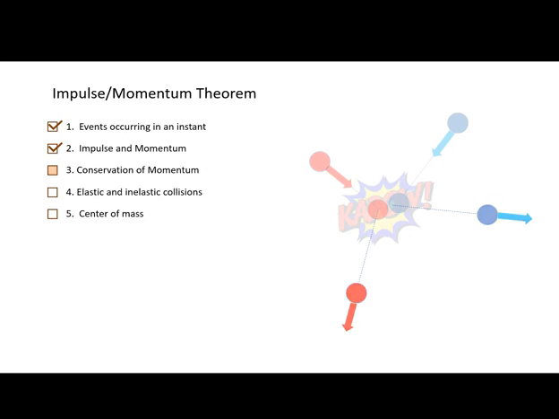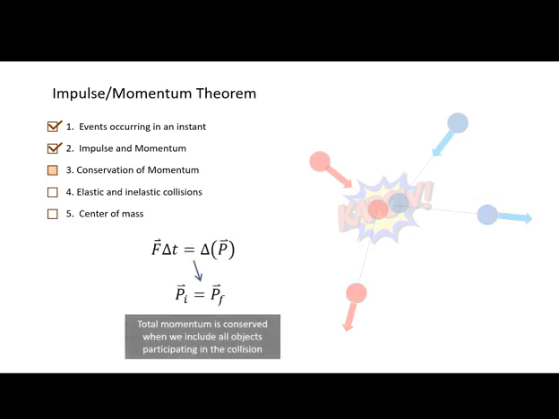Now, it turns out that whereas we always have the impulse momentum theorem, if we include as the object of interest all of the objects involved in the collision, then those large contact forces between those objects, they're internal, right?